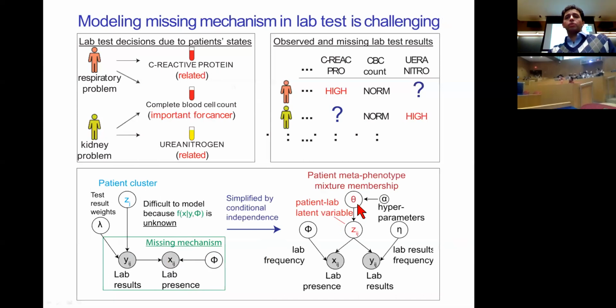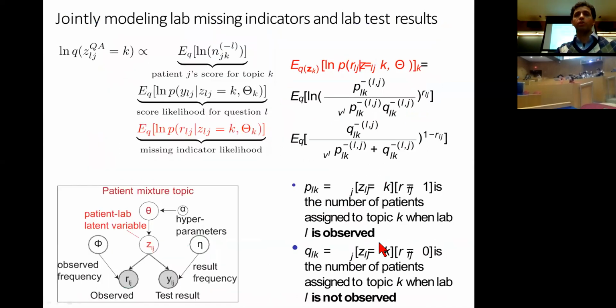So then, we can do this across many different phenotypic variables. So basically using both lab presence and lab results, I can learn hyperparameters that dictate the probability that a particular lab variable was observed or not, and the value of that variable.